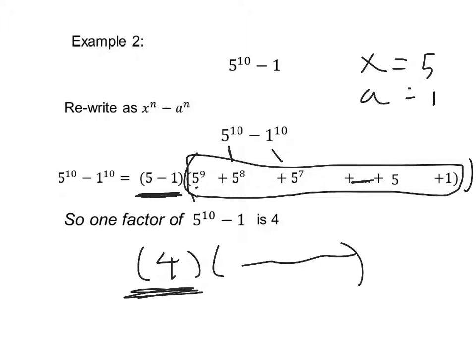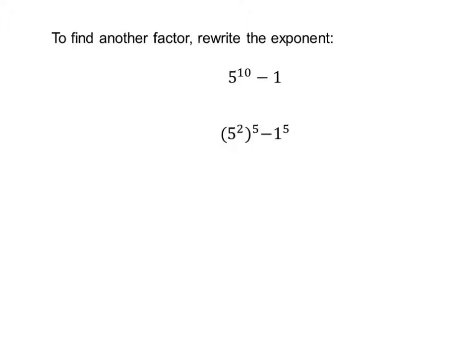As you can tell from the previous example, we can actually break 10 up into 1 times 10, 2 times 5. So it's possible to use the same method to find another factor, which is our next example. By that idea, we can break 10 up into 1 times 10, or 2 times 5.